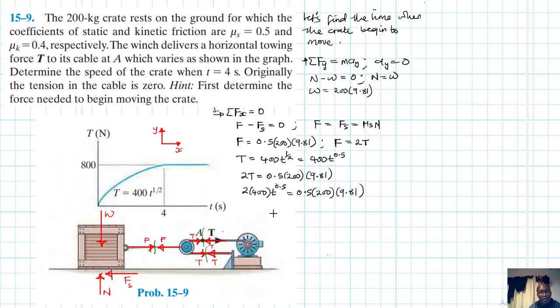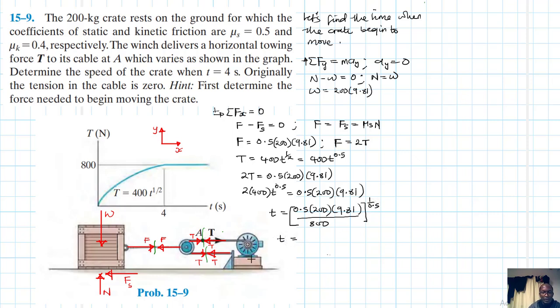Then making t the subject of the formula, we have 0.5 times 200 times 9.81 divided by 800, then everything to the power 1 divided by 0.5.